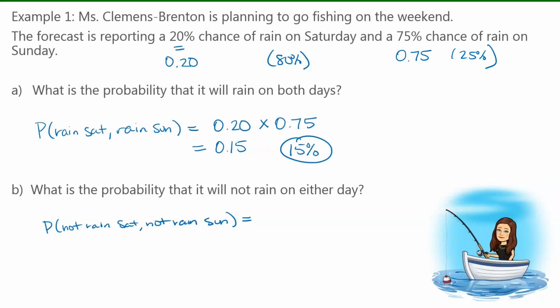So what's the probability it won't rain either day? Well, 80% chance of no rain on Saturday, so that's 0.8 or 0.80, and a 25% chance of no rain on Sunday, so that's 0.25. So decimal 0.8 times decimal 0.25, and we get 0.20, or 20% chance that it won't rain either day.